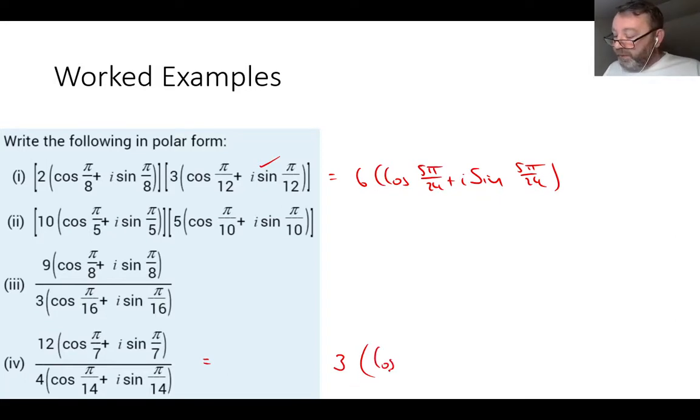So it's the cosine of, and let's put in pi over 7, so fraction pi over 7 minus fraction pi over 14, and that comes out as pi over 14. Okay, so pi over 14 plus I times the sine of pi over 14.